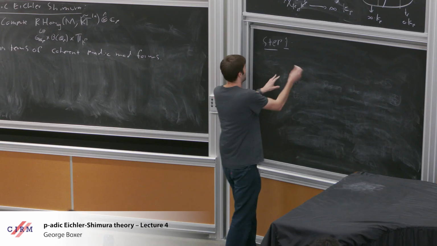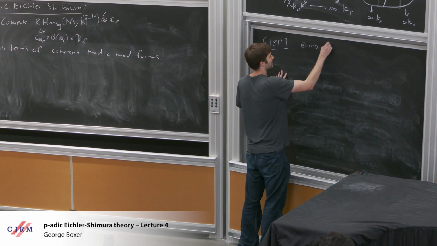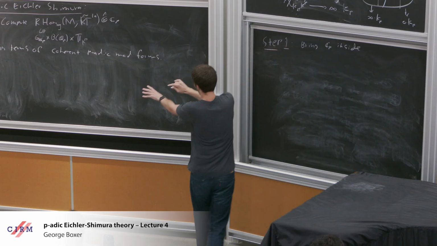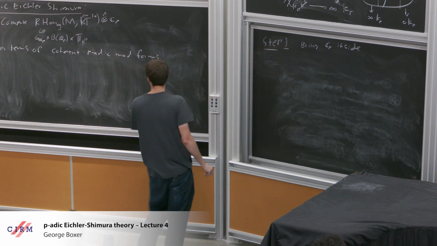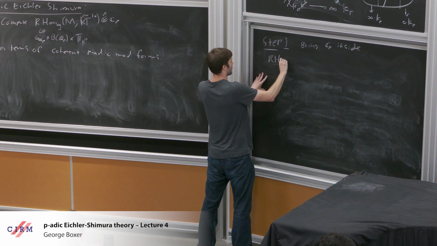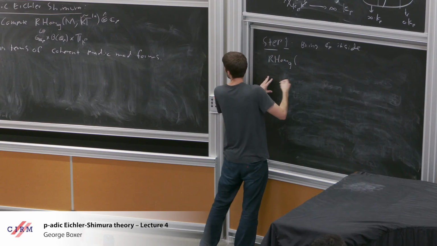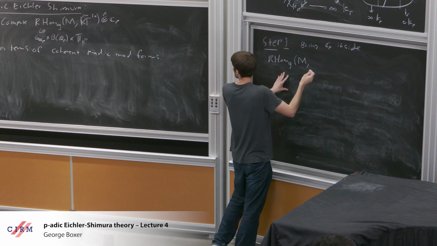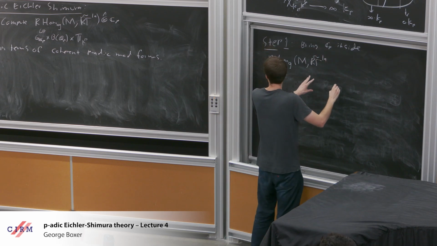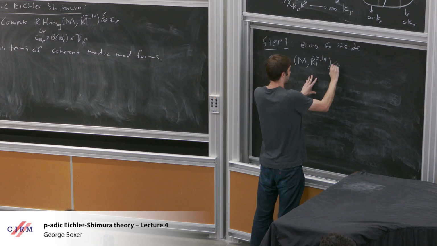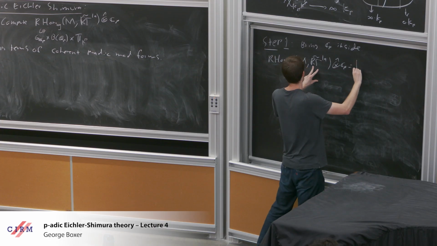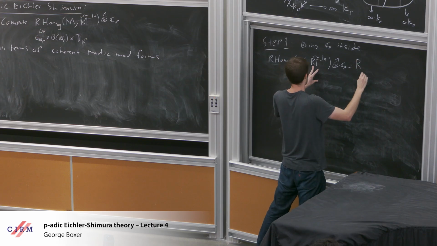Okay, so step one is we're going to bring the CP inside. And actually, we're going to bring a lot of things inside, and that's kind of the point of this computation. So we're just going to say that RΓ, the Rham G M R gamma twiddle LA, tensor on the outside with CP is really the same thing when you just bring it inside everything.